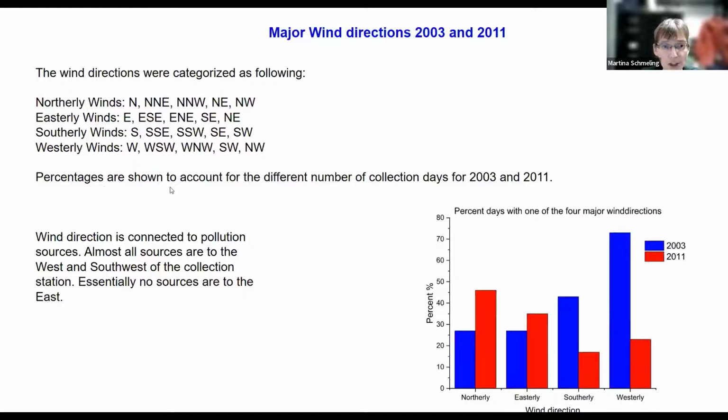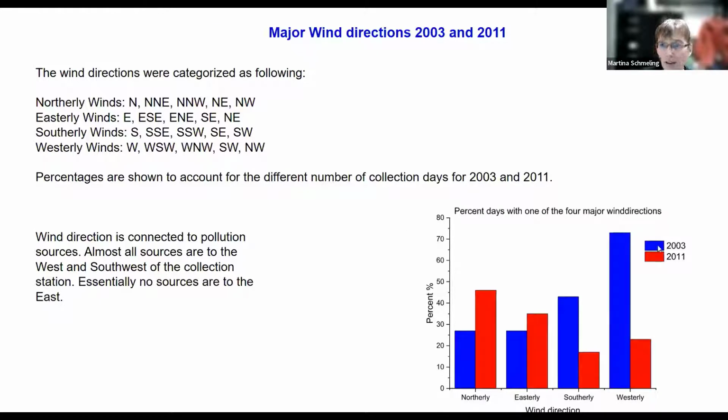So the percentages are shown to account for the different number of collection days. This is mostly done in order to get an idea of how we can categorize the pollutants with respect to cardinal wind directions. So can we say, is there a trend with respect to certain pollutants with certain wind directions?